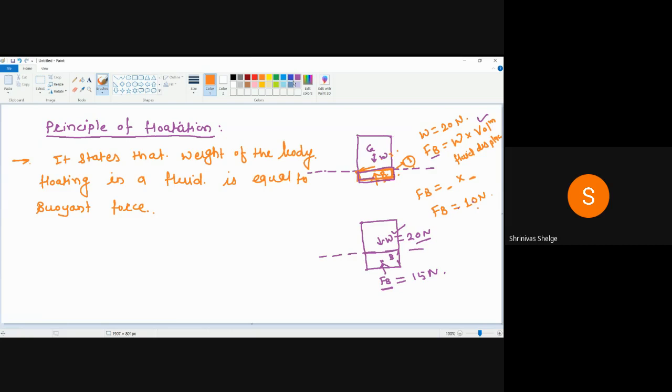For any floating body, just remember that the weight of the floating body, or the body floating in a fluid, is equal to the buoyant force.